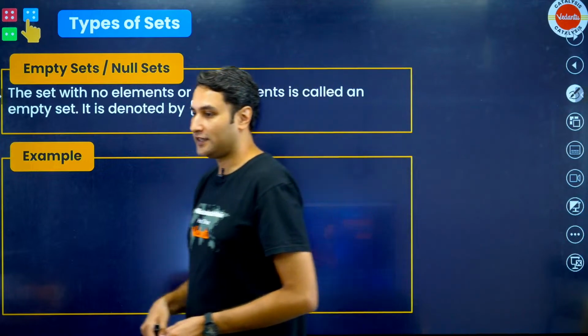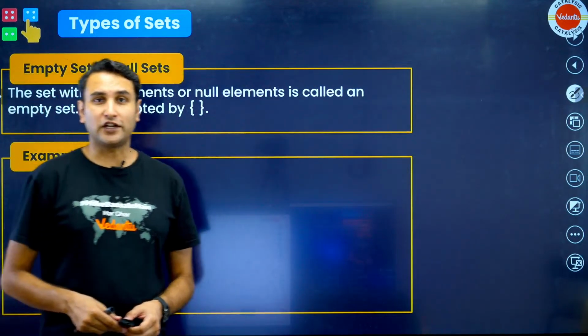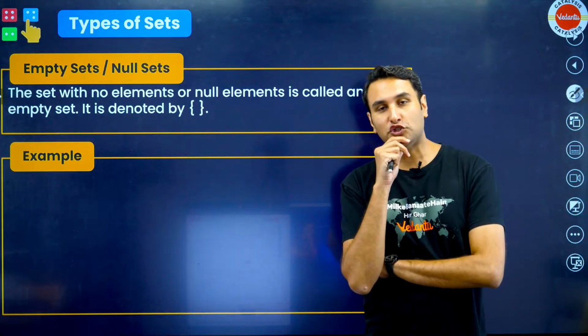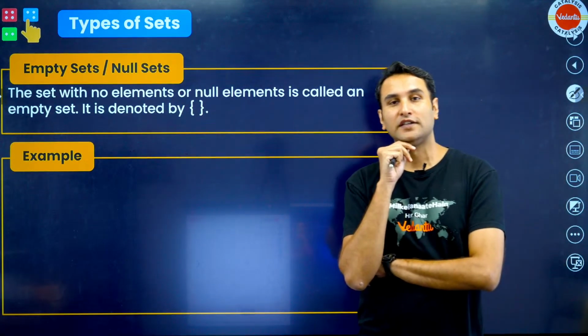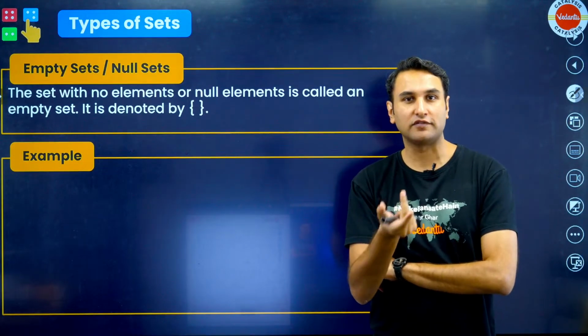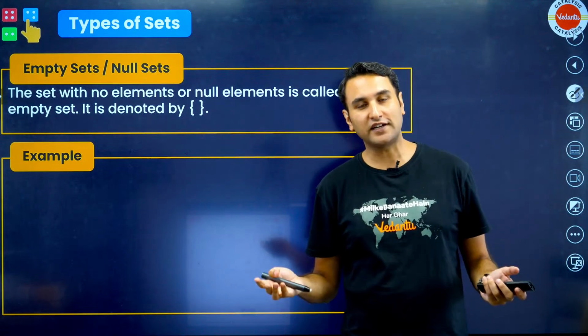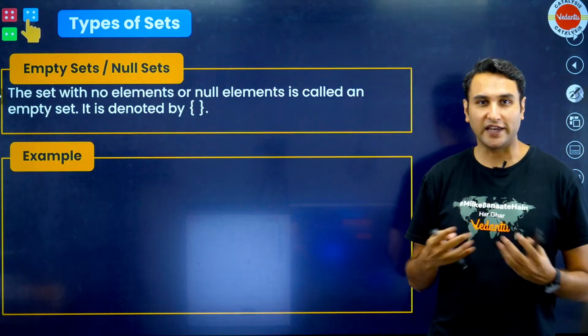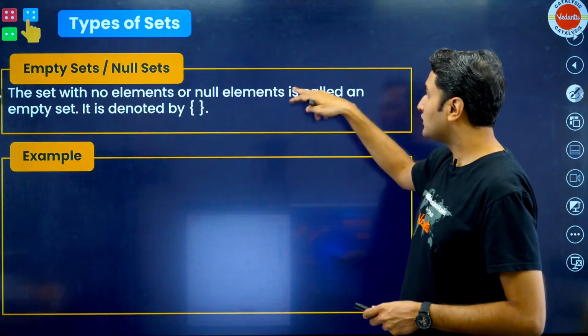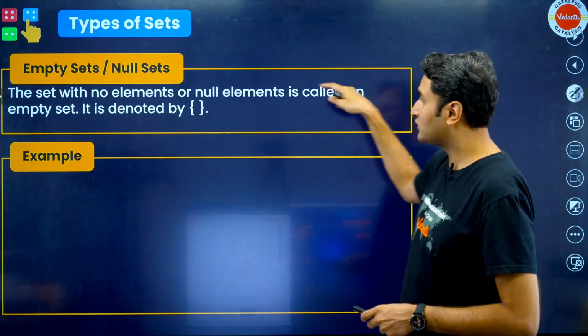Set of all the natural numbers which are negative. There is no natural number which is negative. Null set. So what is a null set? A set which does not contain any element itself. So the set with no elements in it is called an empty set.